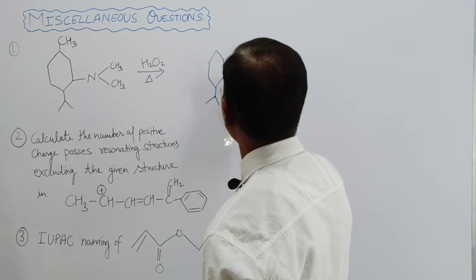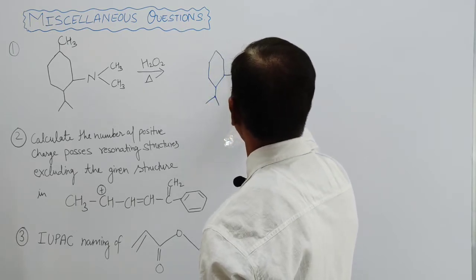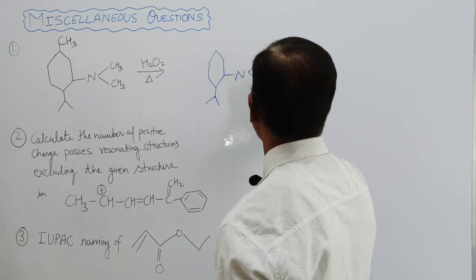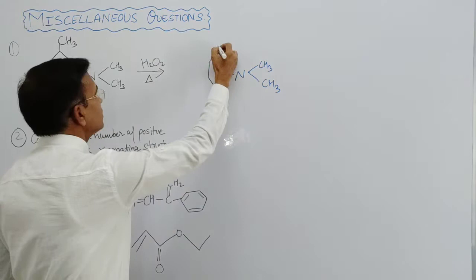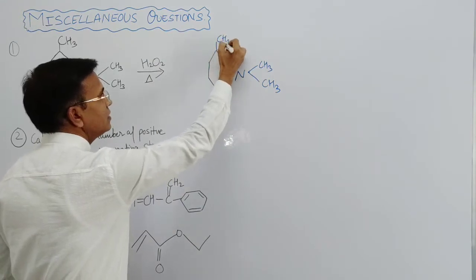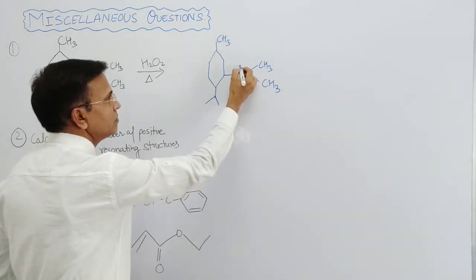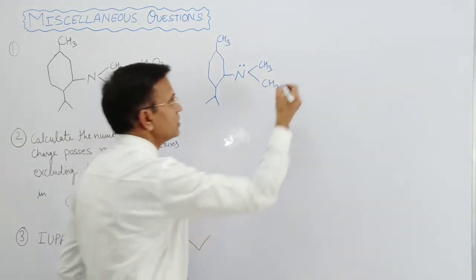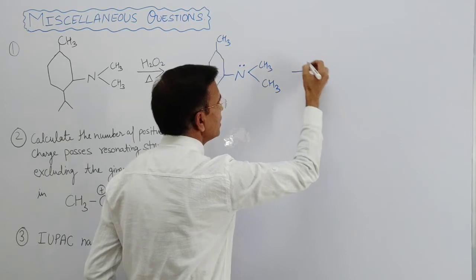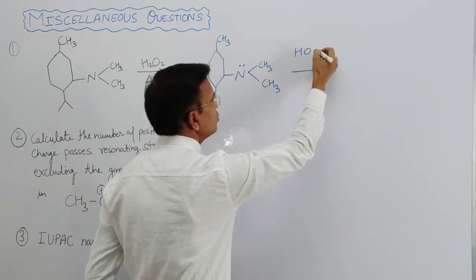This is the reactant, and in this a nitrogen atom is there, and this nitrogen atom possesses a lone pair of electrons. We know nitrogen has a lone pair of electrons on it, and here is the H2O2.